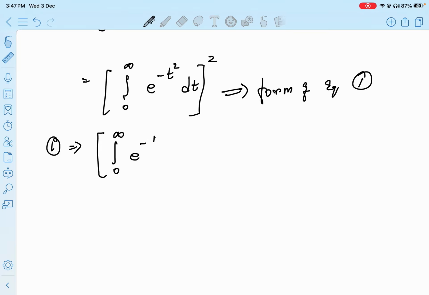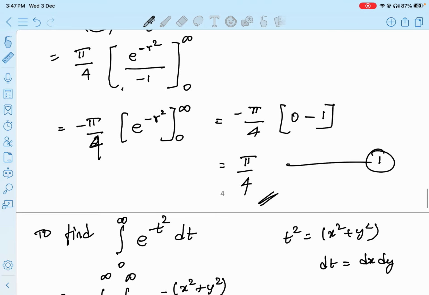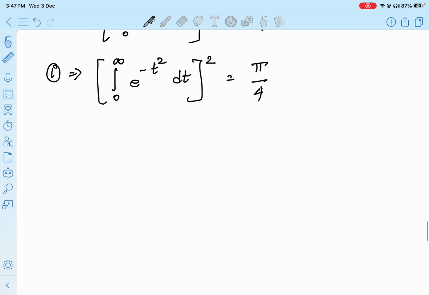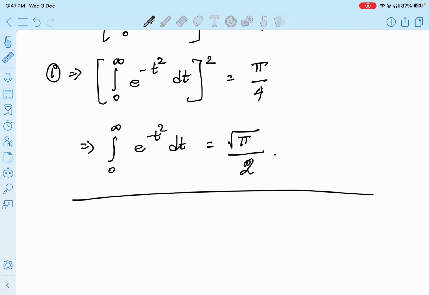So the integral from 0 to infinity of e to the power minus t squared, the whole squared, can be written as pi by 4. So the integral from 0 to infinity of e to the power minus t squared becomes root pi by root 4, which is 2.